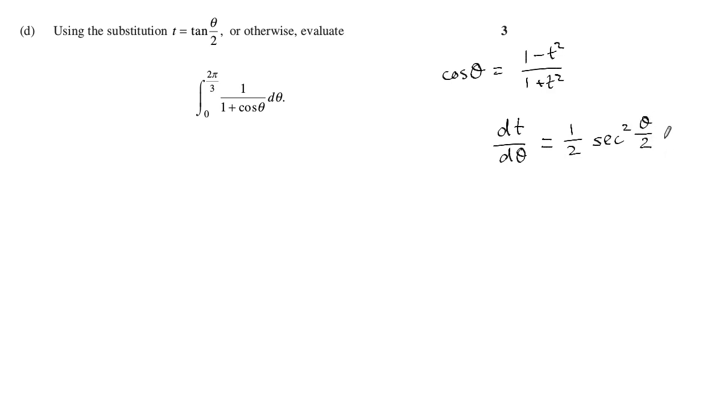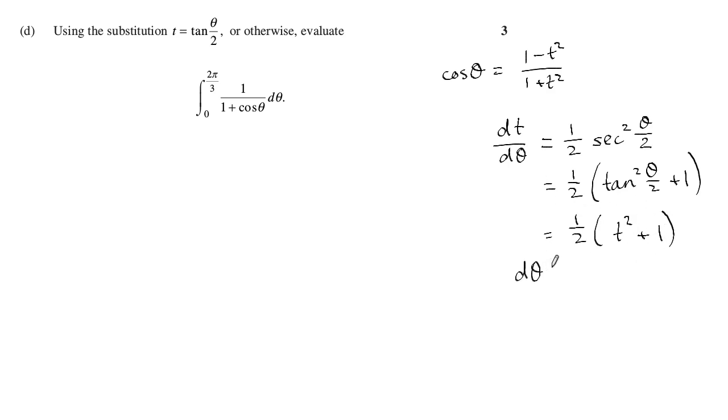Okay, and then the problem we have is that we need to put this in terms of t, because we don't want to have any thetas when we do the integral. So if you remember, sec squared is tan squared theta plus 1. So that's going to make half of t squared plus 1. And then we want to solve this for d theta, so multiply both sides by d theta and divide by all of that. And that'll give d theta is 2 over t squared plus 1 times dt.